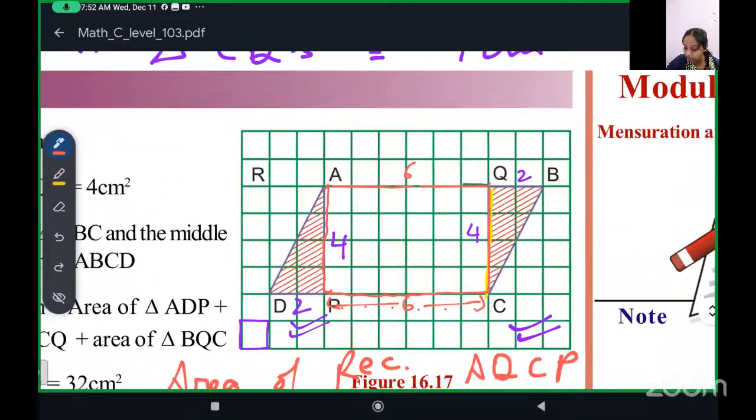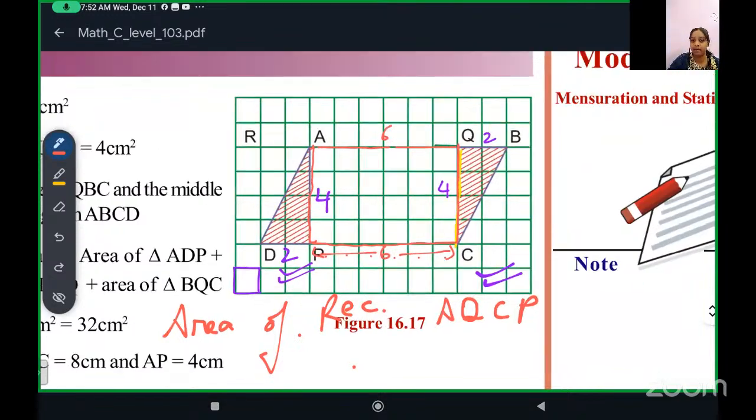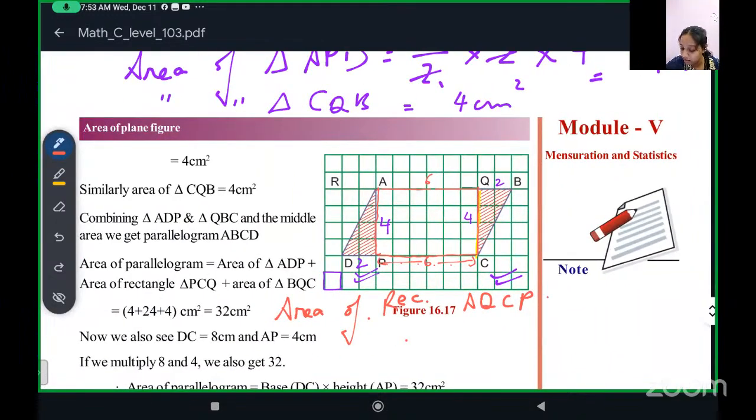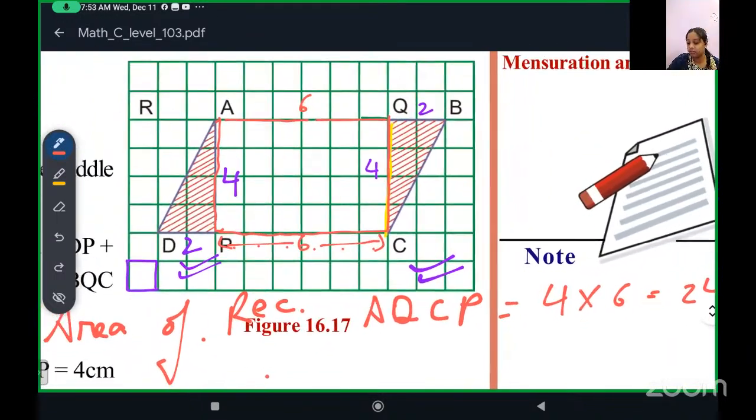Can you see? A, then Q, then C, and then P. AQCP equals 4 into 6, that is 24 centimeters square. Now, the area of both the triangles is 4 centimeters square and 4 centimeters square, and the center part, the rectangle, is 24 centimeters square.